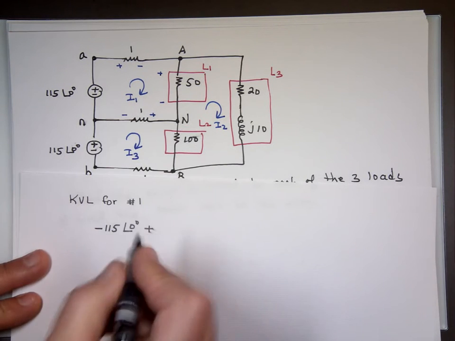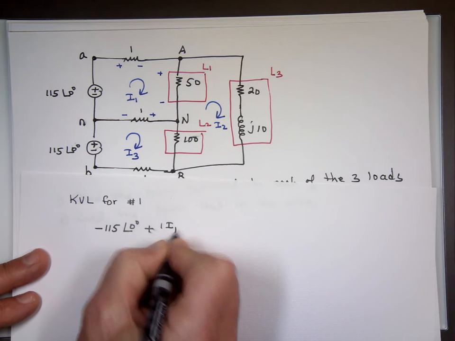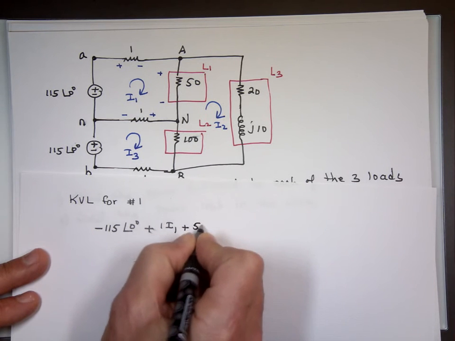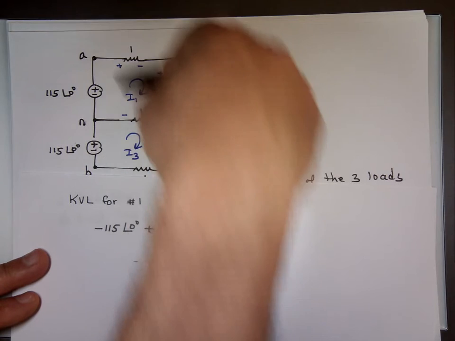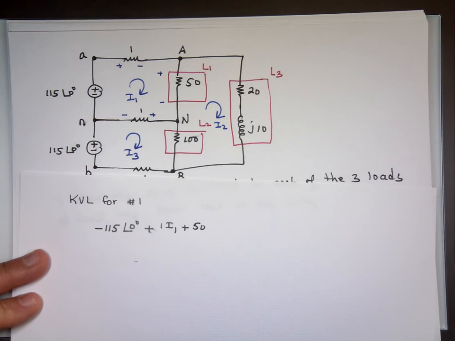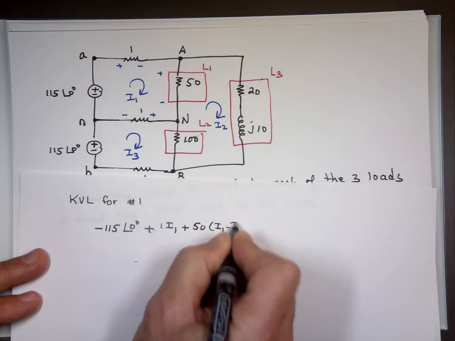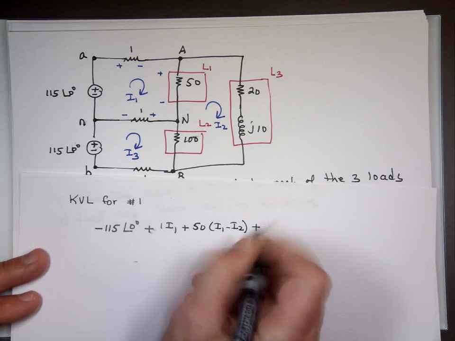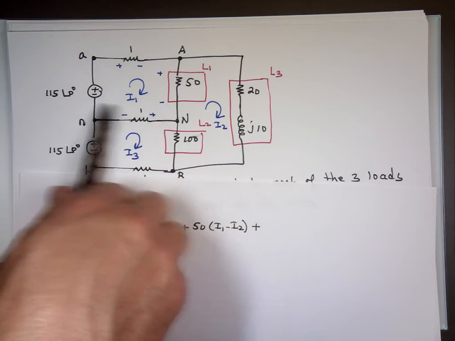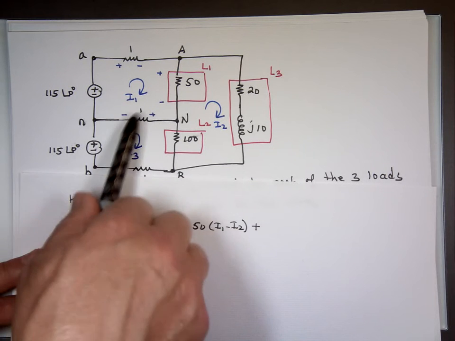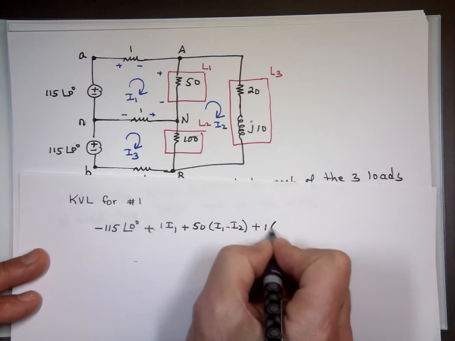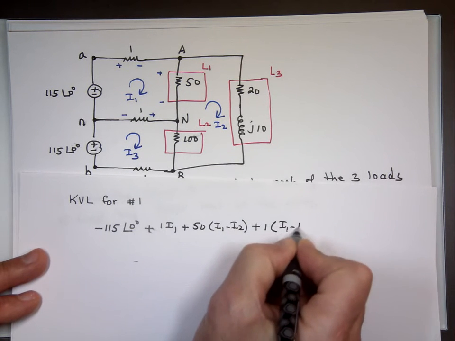1 times I sub 1 plus 50. Since I'm going plus to minus, I need the current down. What's the current down through that one? Through the 50 ohm. Yes, I sub 1 minus I sub 2. Plus, I'm traveling this way, so what's the current to the left here, from right to left through the 1 ohm? I sub 1 minus I sub 3.